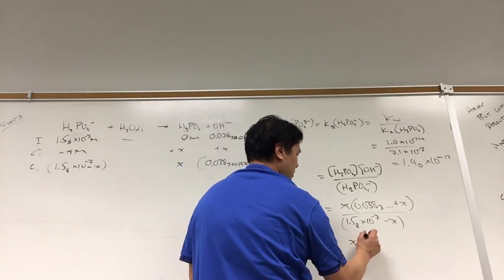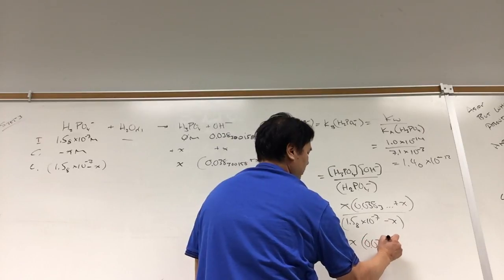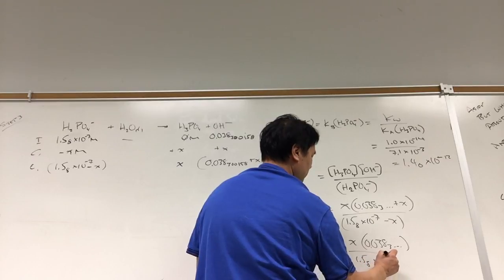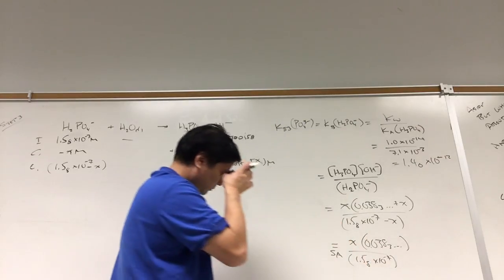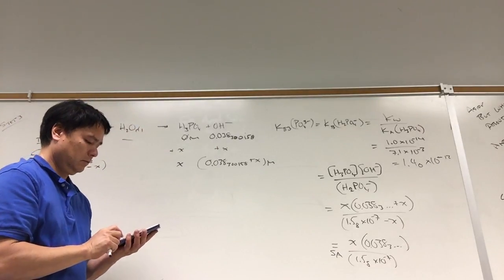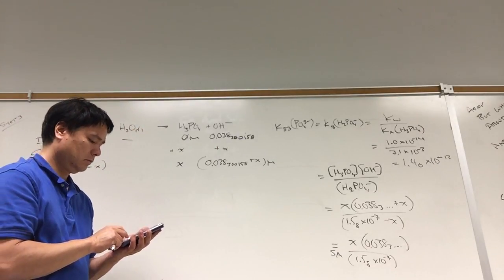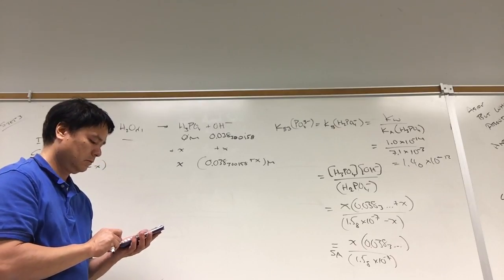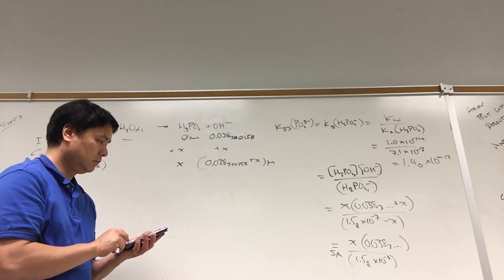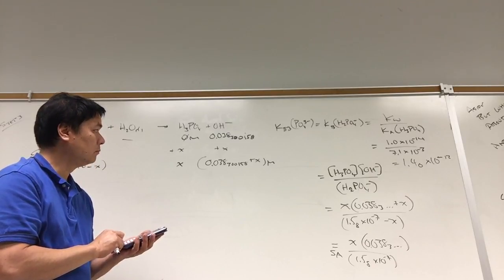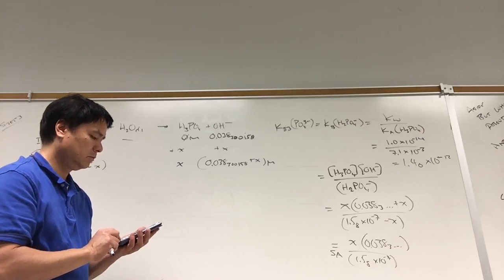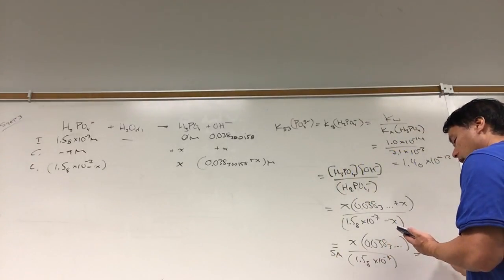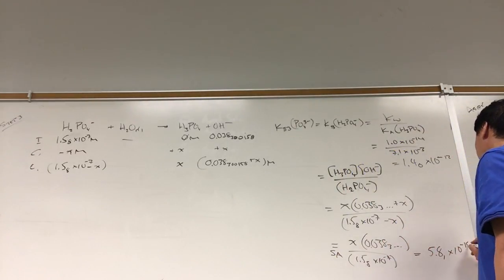So I'm going to just get X times 0.0383 divided by 1.58 times 10 to the negative 7. We have 5.81 times 10 to the negative 18.